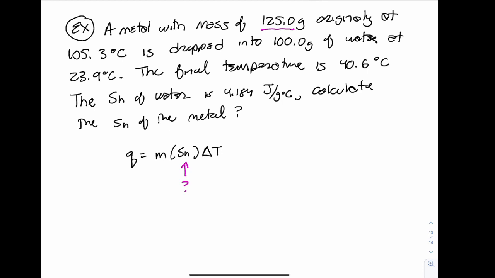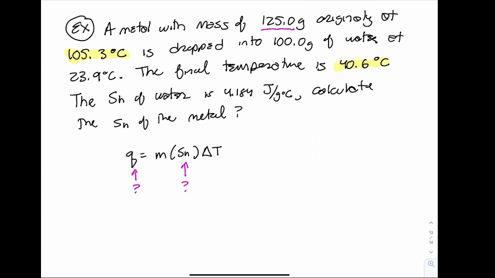I can calculate the temperature change. My problem is I don't know Q neither, right? I don't know my heat transfer. So I have two unknowns, which is problematic. Luckily, though, we do have the law of energy conservation, right? We have the first law of thermodynamics, and that tells me that the total amount of heat, right, that's being lost by my metal, and I know my metal's losing heat because it's going from 105.3 degrees to 40.6, is going to be equal to the total amount of heat gained by my water.